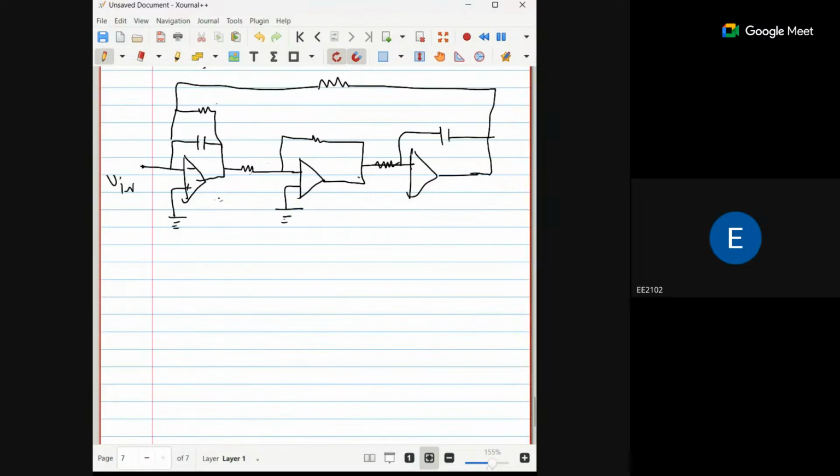That is Vi, and here also it is C1, C2. Then these are, let's take, the same.